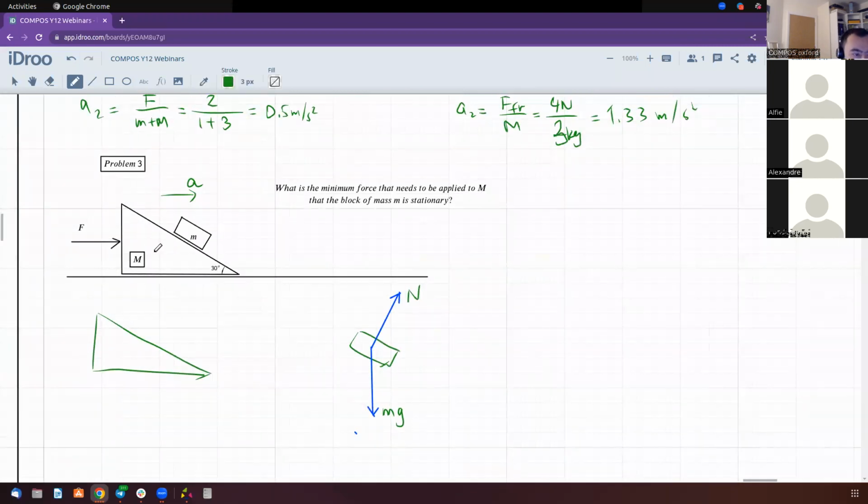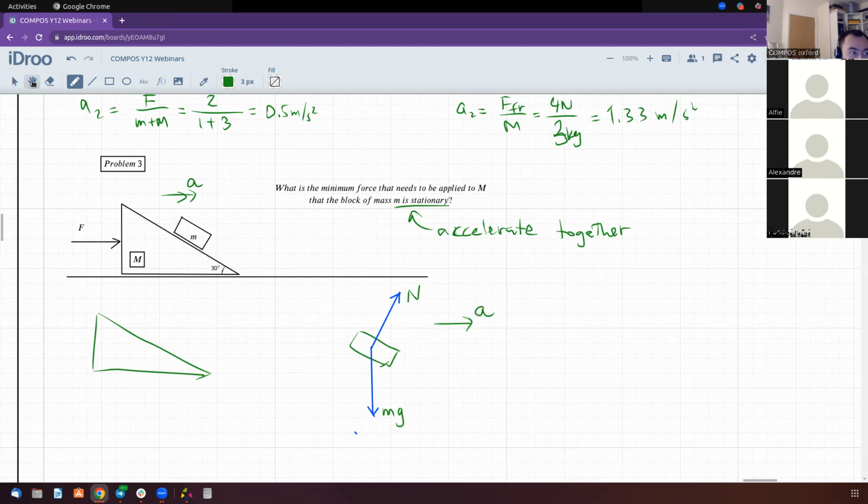So here, the prism, the top block and the bottom block, they accelerate together. Stationary simply means accelerate together. All right. And this mass is accelerating at A. So it's not moving vertically.